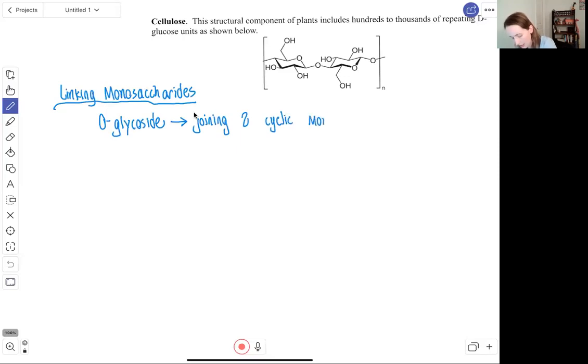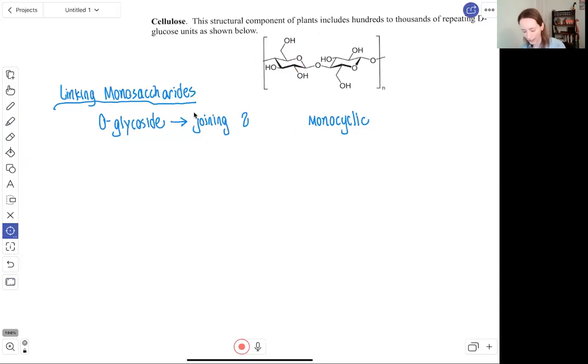And that's typically the theme when we are looking at making these complex carbohydrates, is that we are linking monocyclic compounds. So we're linking two monocyclic sugars together in order to form a more complex structure, such as the structure of cellulose, which has a whole long repeat of these linkages between two monosaccharide molecules.